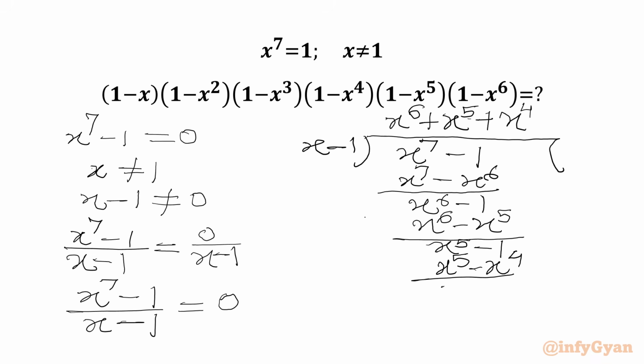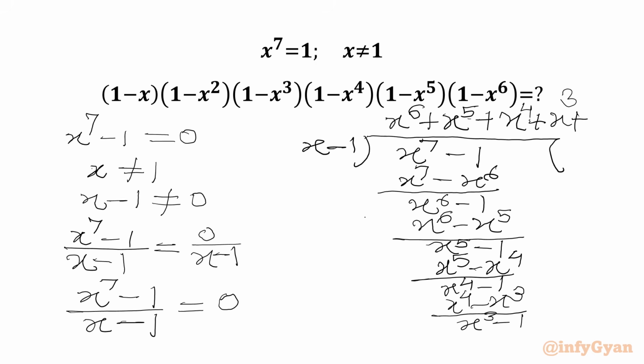Once we subtract, we are going to get x power 4 minus 1. We'll take x cube times, we'll get x power 4 minus x cube. Once we subtract, we will get x cube minus 1.